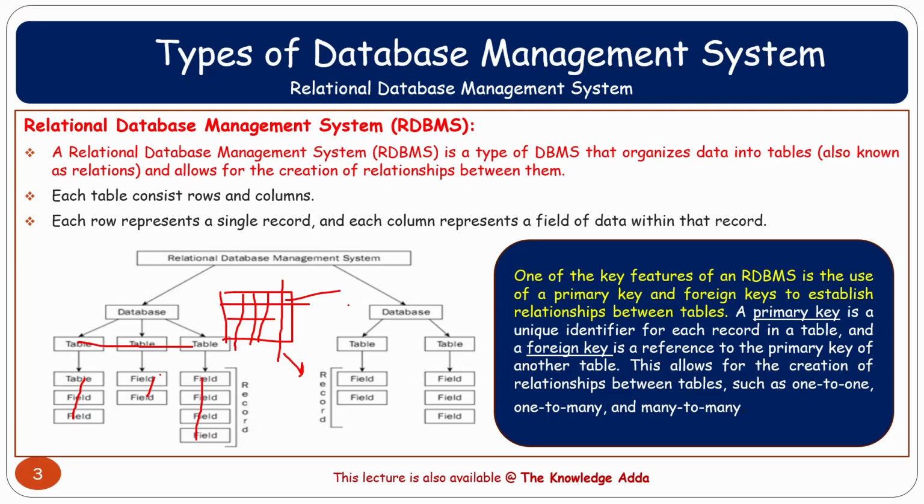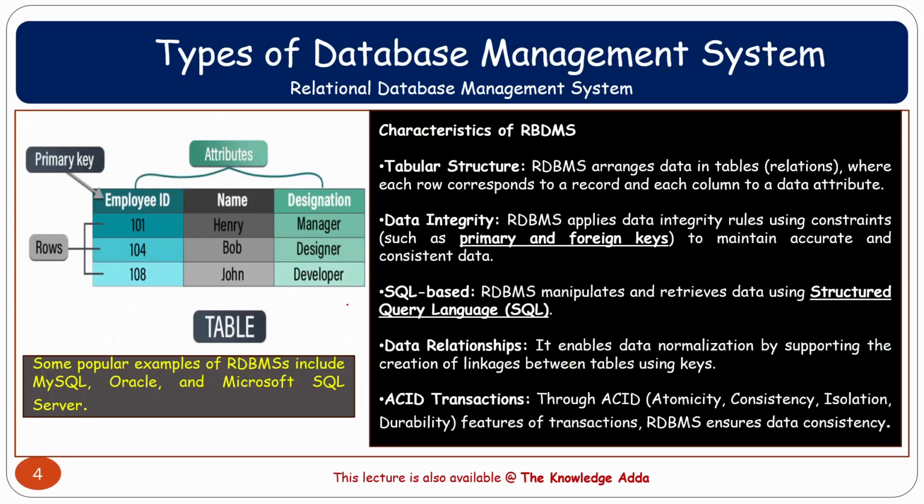Now, one of the best features of the relational database management system is the use of primary key and foreign key. The primary key and foreign key are used to create relationships between the tables. Every table should have a primary key.